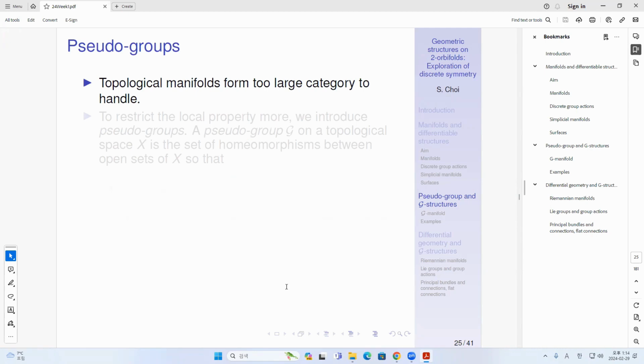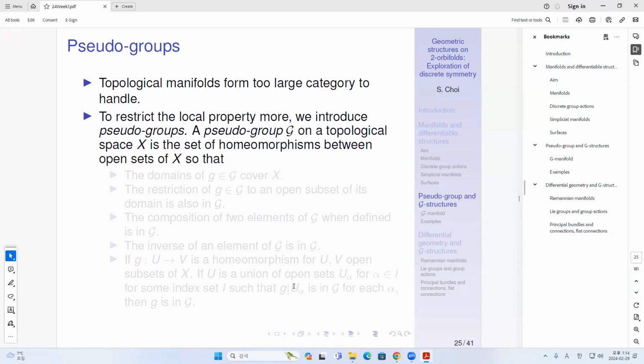Actually, topological manifolds are really a very big category. There are many pathological phenomena in topology which nobody really understands completely yet. So we restrict the local property more. We introduce pseudogroups, which are some way to restrict what we can consider.